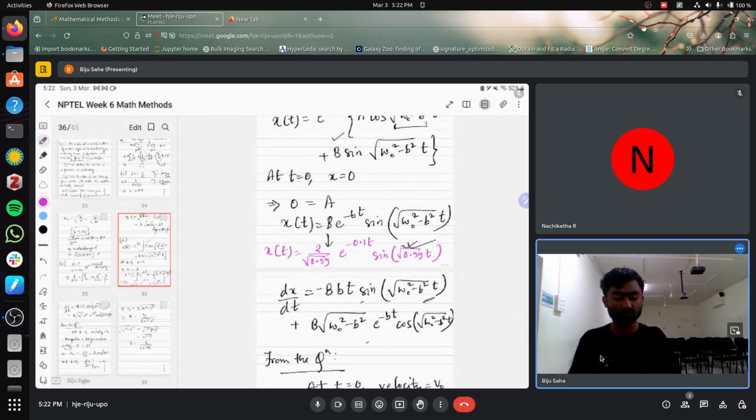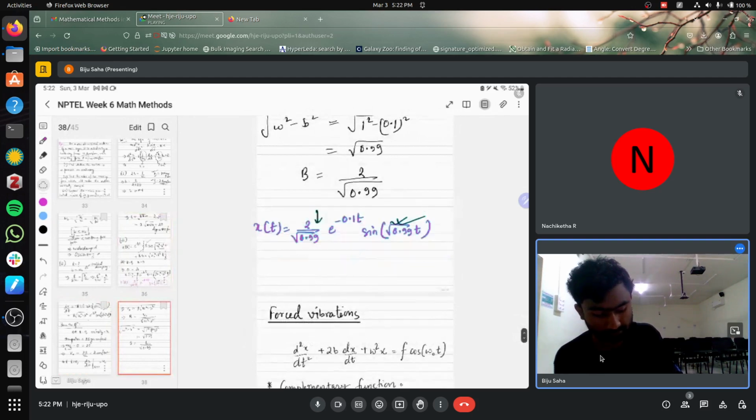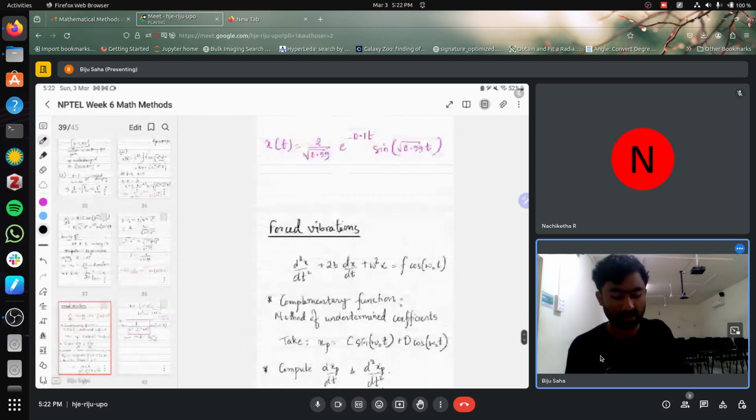So this is what the solution looks like. So what we have achieved is how to obtain the value of position at any given time. You just need to input the value of time and you obtain the value of the position. I hope that was clear.